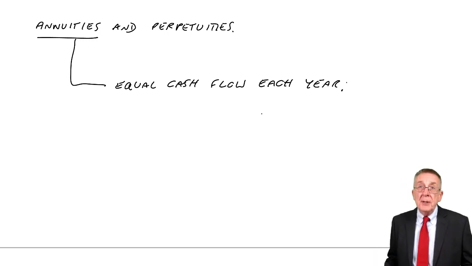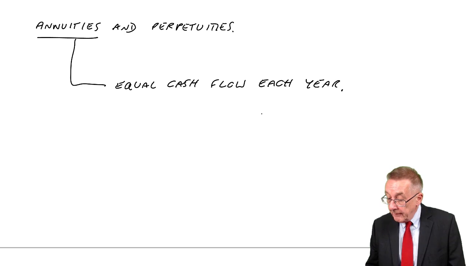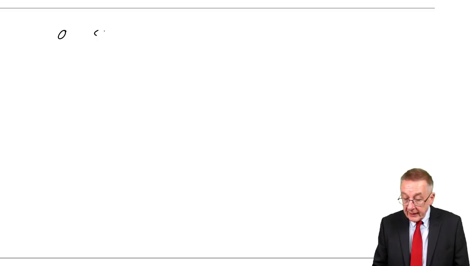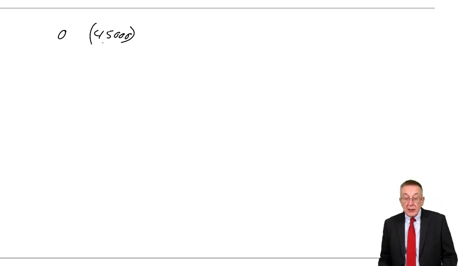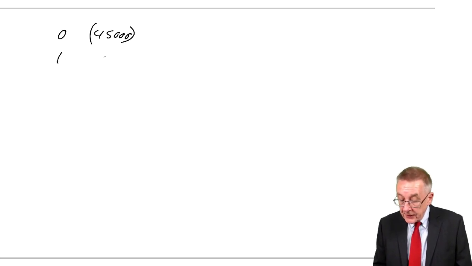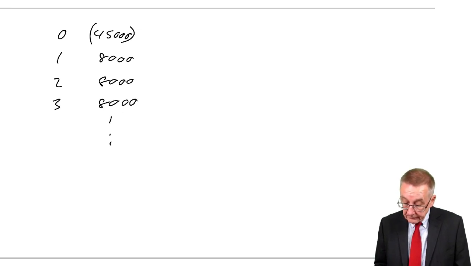Now, you could actually do it exactly the same way as we have been doing in the previous lectures. There's an outflow of 45,000, the cost of the machine. We've then got an inflow of 8,000 a year for 8 years. So 8,000 in 1 year, 8,000 in 2 years, in 3 years, and so on.